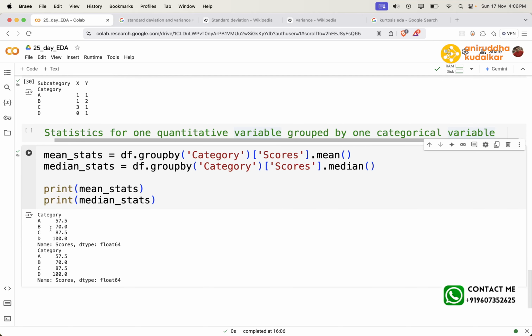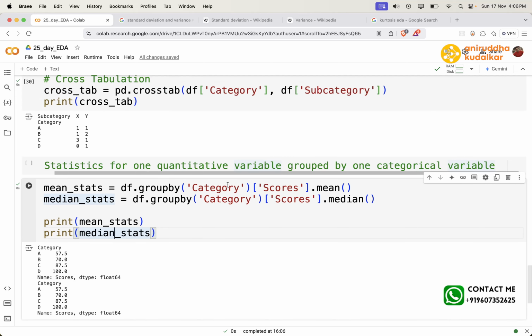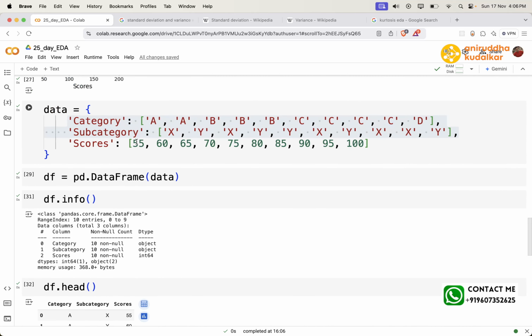For the A, 57 is the mean. For the B, 70. For the C, 87. And D, 100. So presently mean and median are becoming the same. Mean and the median are on the same line, which means that this is normally distributed data.